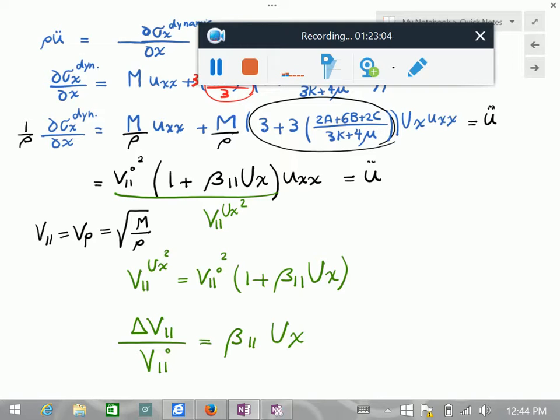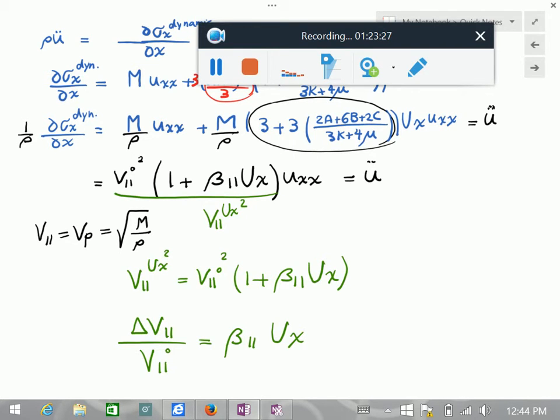You bring this on the other side, divide both sides, and then you say this is small, and that's what you get. So what I showed you is that if you are pressing a sample along its length and you are measuring the same direction p wave velocity, the velocity is going to change linearly with the strain.